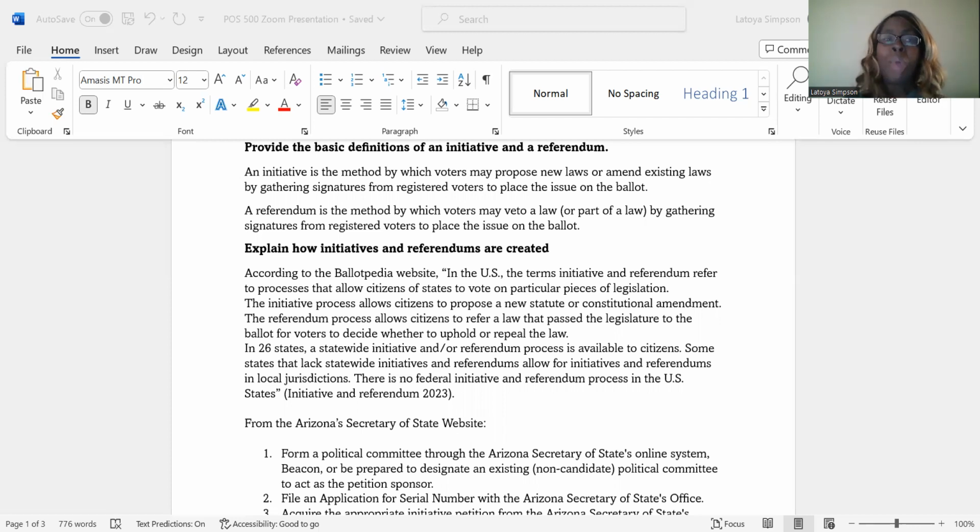It's one of the requirements for week 2. And this is the initiatives and referendums in Arizona assignment.